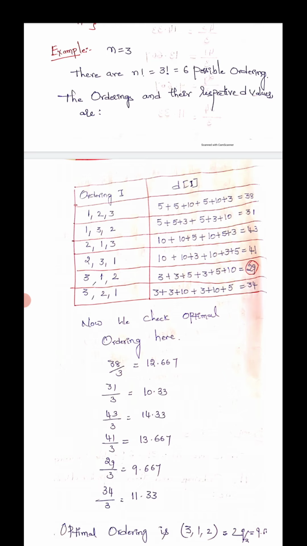Here look at this ordering I. Here d of I, in the sense length of I. Here 1, in the sense the first length, how much? 5. Plus 2, in the sense the second length, how much? 10.